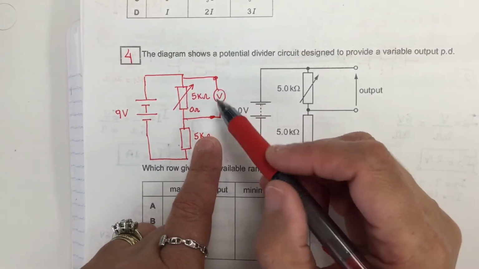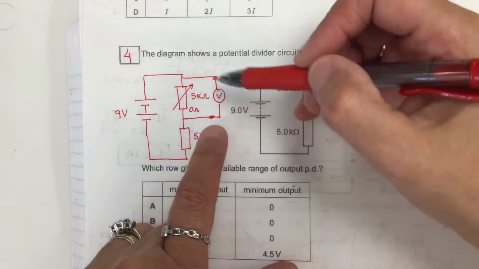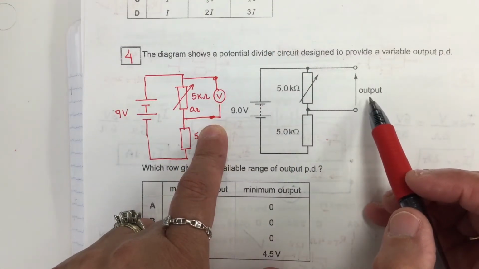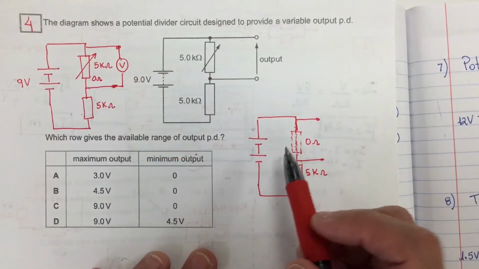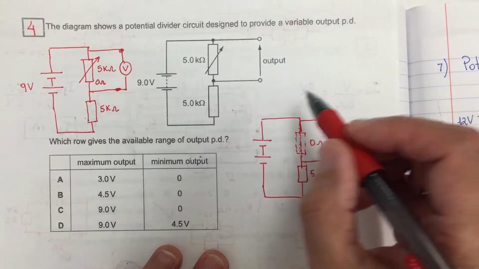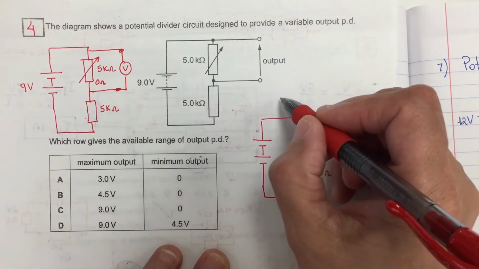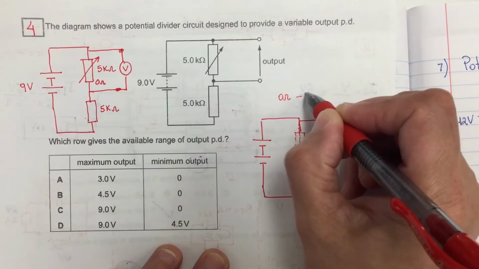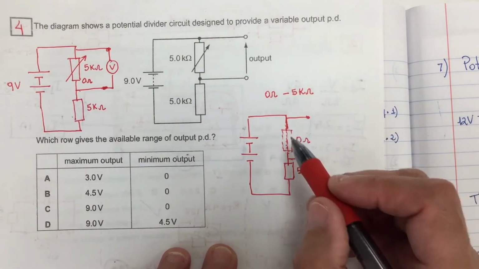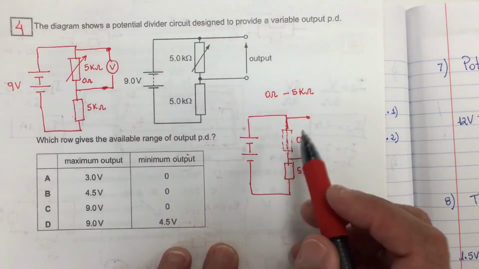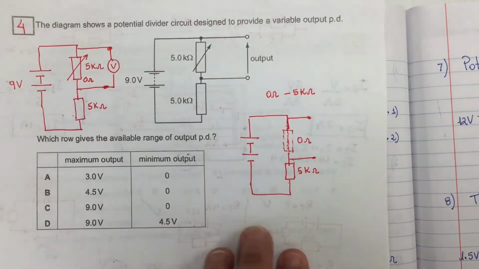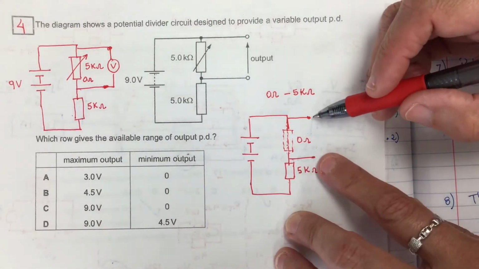So this is the symbol of my voltmeter, the terminals, and this is what we call output voltage. Okay, so we are going to be working with the extreme range of this variable resistor from 0 ohms to 5 kilo ohms. So if the variable resistor is set on 0 ohms, what will be the voltage on its terminal?